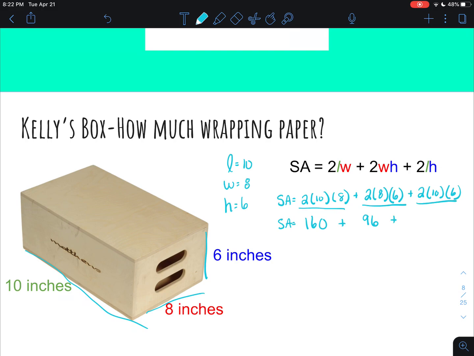And then we're going to add that to 2 times 10 times 6, which is 120. And then you can add all those together. 160 plus 96 plus 120, and you should get 376 square inches for your surface area.